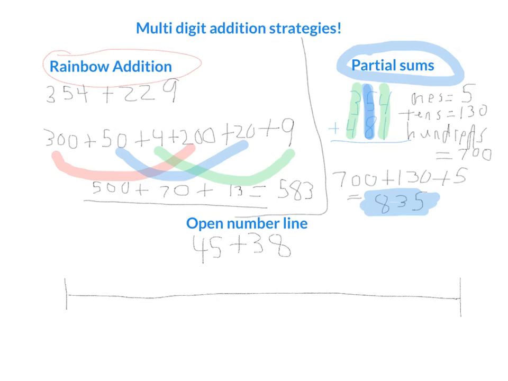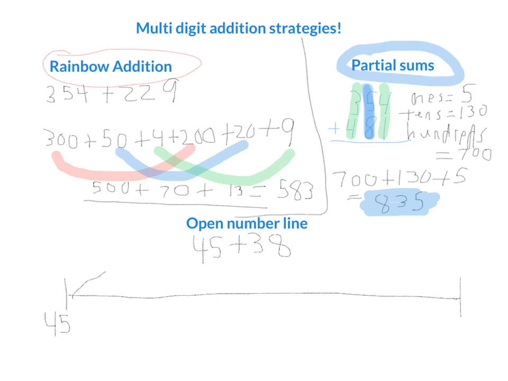When we're using the open number line, we look at our first number, which is 45, and we place that all the way to the left. Now students know that they're adding 38, and since we've been focusing on our ones, tens, and hundreds spots, we know that 38 has 3 sets of tens, so we can add by 10 three times. There are a lot of different ways students can go about this, but this is the most common for this one.